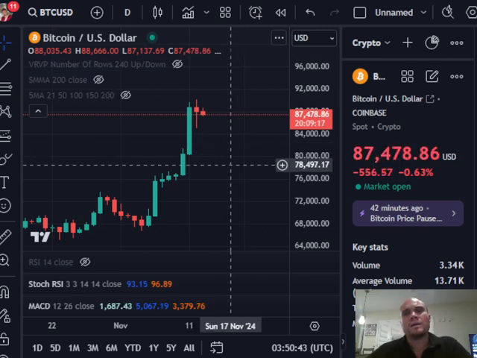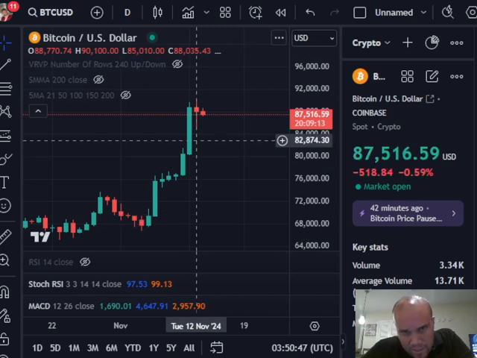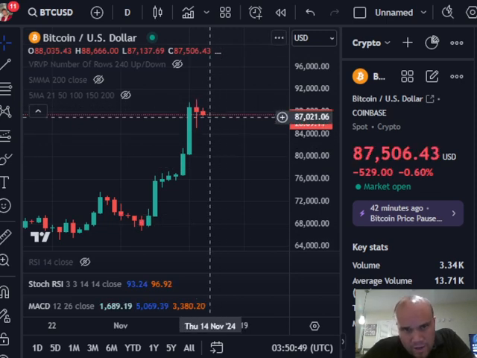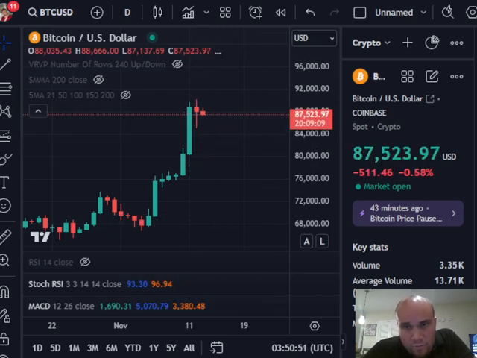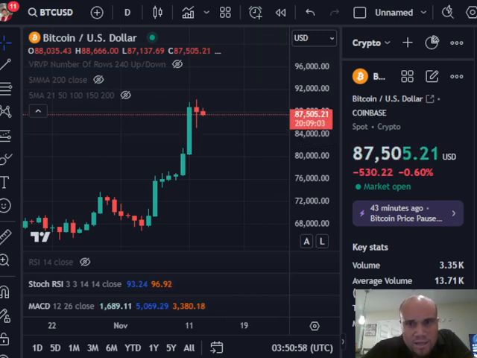What I want to show you guys here is every candle represents one day, and over here on TradingView, it actually has a countdown timer as to when the day will end. It shows you that in 20 hours from now, the daily candle will close. 20 hours, 8 minutes, 56 seconds is counting down.